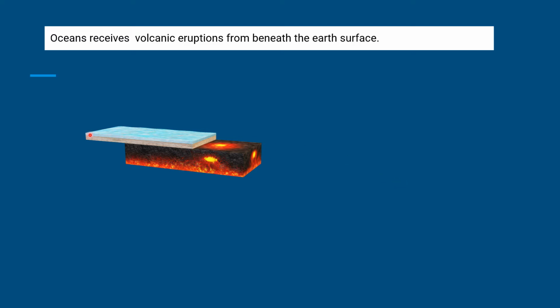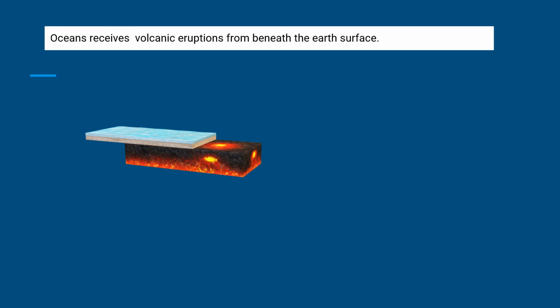As we can say, this is an oceanic plate, and some volcanic eruption is there in the ocean. This will erupt and make some ridges which are not very high, but higher than the normal surface here.